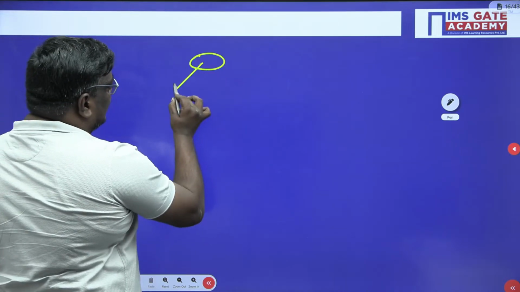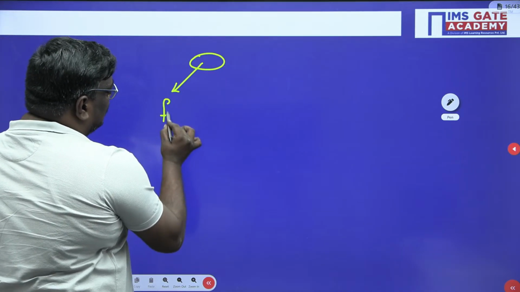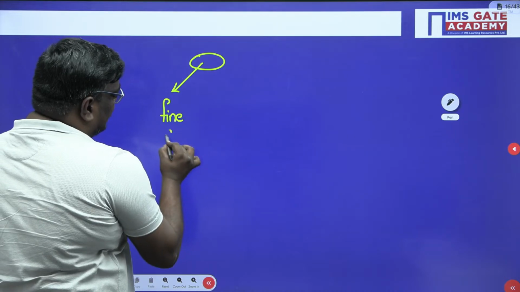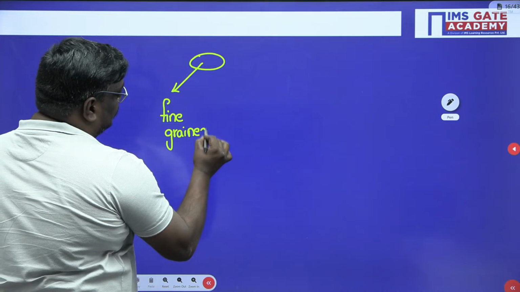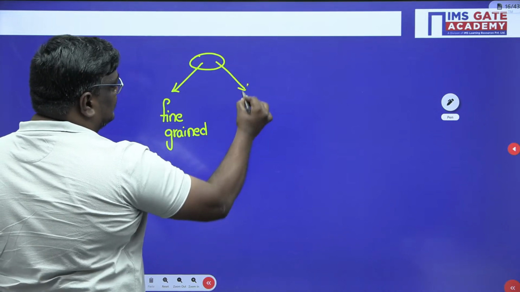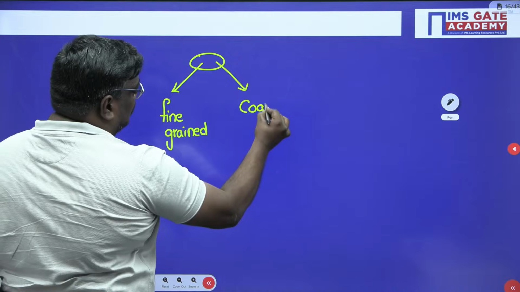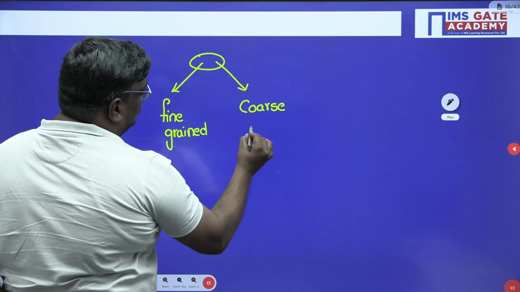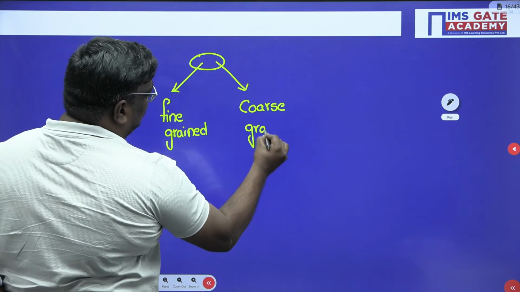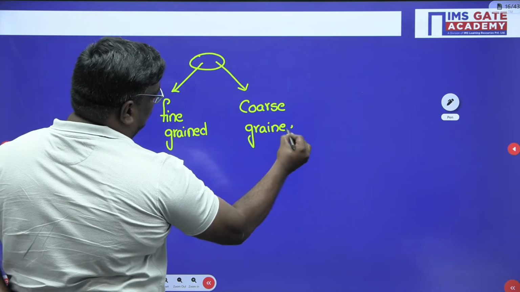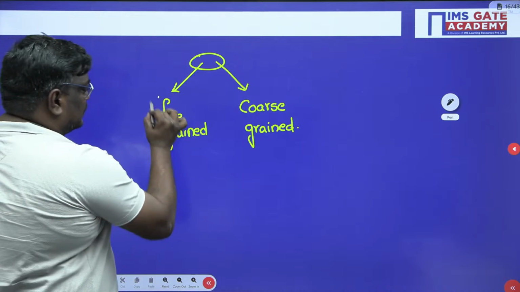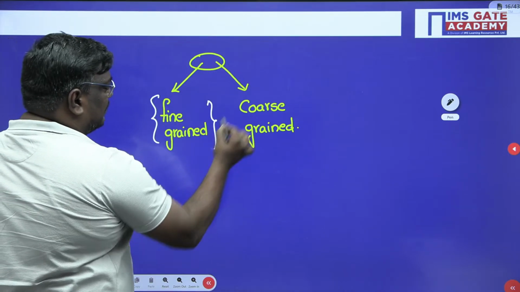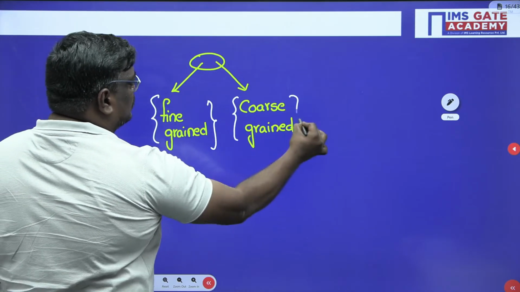Now coming to the Indian Standard Soil Classification System, we have two kinds of soils. One is the fine grained soil and the other one is the coarse grained soil.